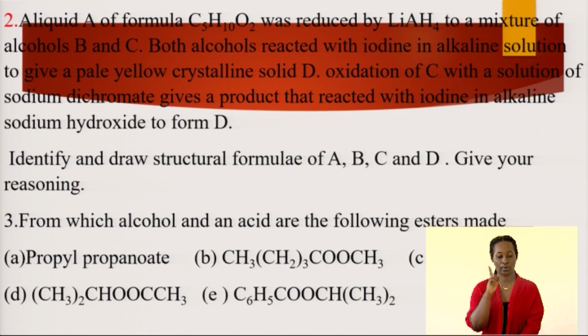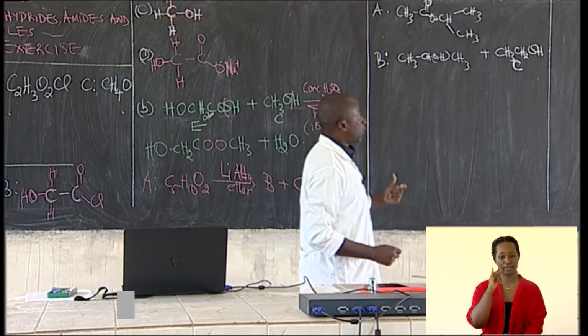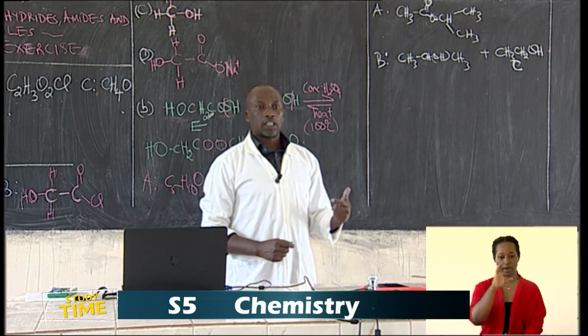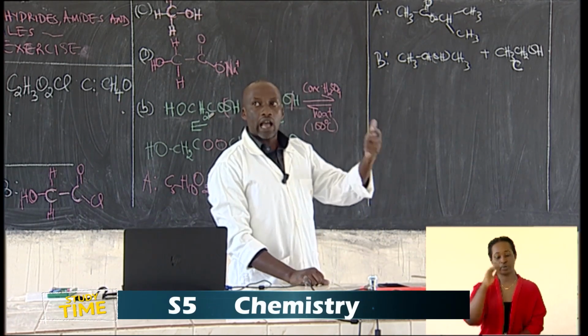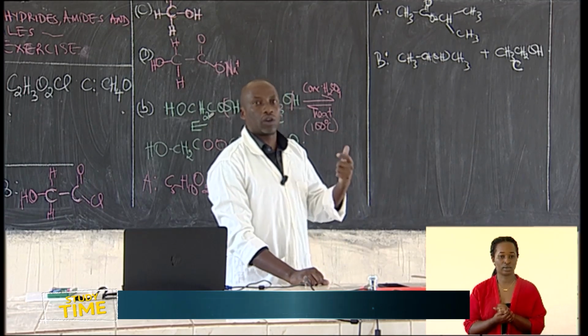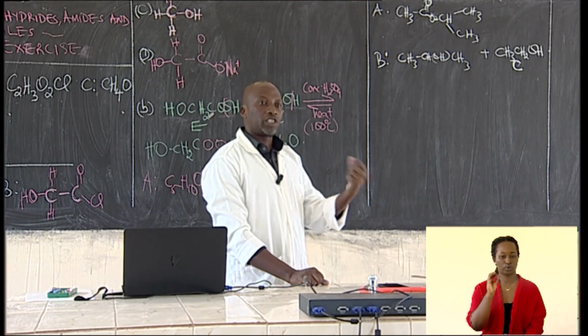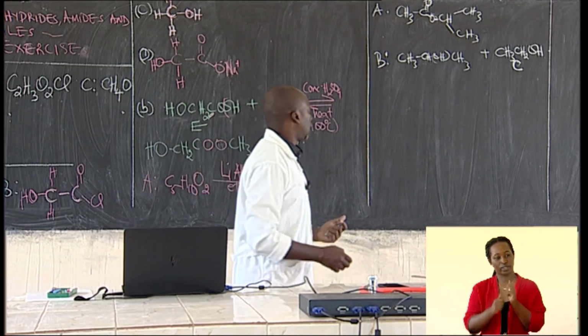D is the crystalline solid compound. All these compounds, we call them methyl alcohols. They will produce iodoform, triiodomethane, which is that pale yellow crystalline solid.